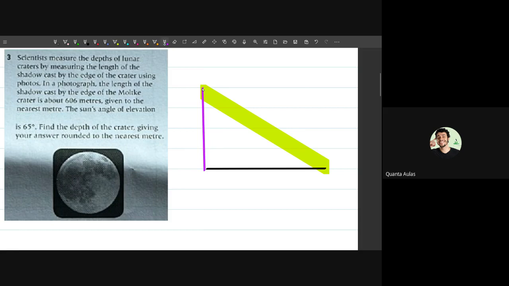The sun angle, I suppose the sun angle they said is here, 65. The length of the shadow cast is 606 meters. And you want this.